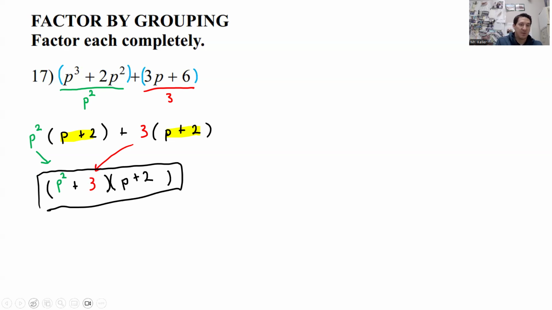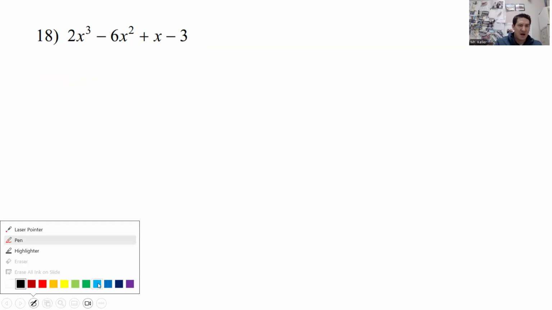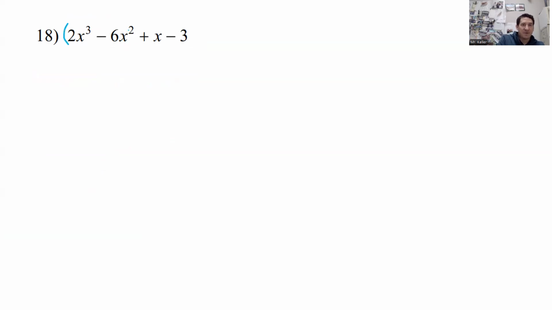Let's do another example here, and then we'll call it. Again, the first step is you group the first two terms together and the last two terms together. Then you find the greatest common factor on each grouping. On this first grouping, the largest thing that divides 2 and 6 is 2.